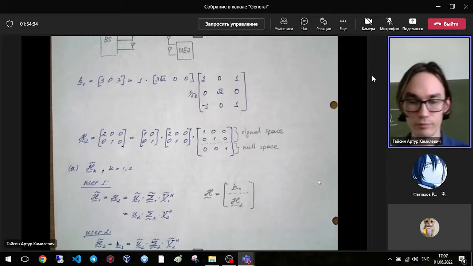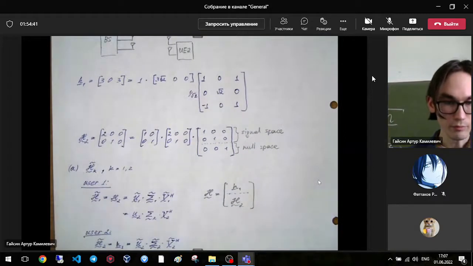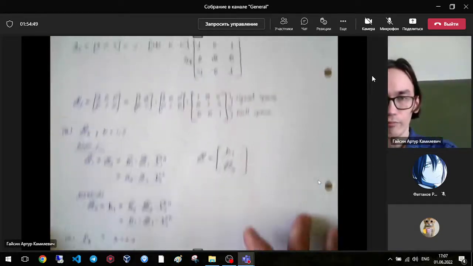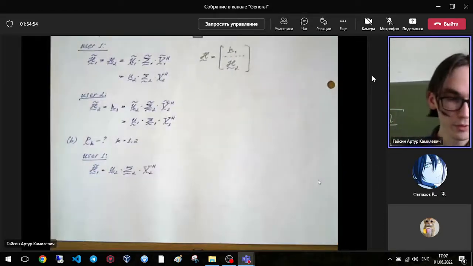So we need to take this null space first and multiply it as follows. So let's write maybe a general equation first.